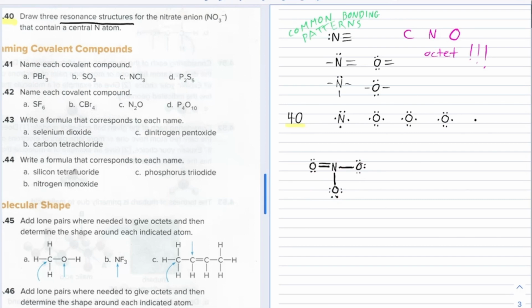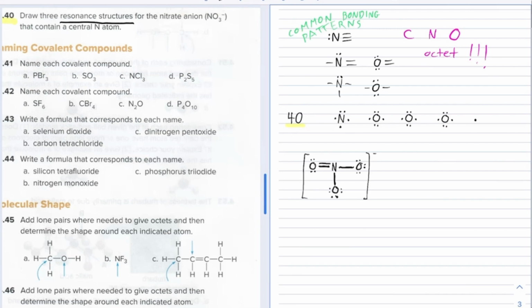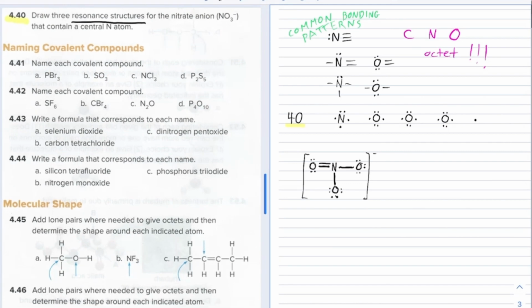Now, because this is a polyatomic ion, the structure is negatively charged. We acknowledge that by bracketing it and putting a minus charge out here. So you'll normally see resonance structures for polyatomic ions like that. A lot of people forget to do that sometimes. Okay, so that is correct. I'm going to put a check mark above that one.